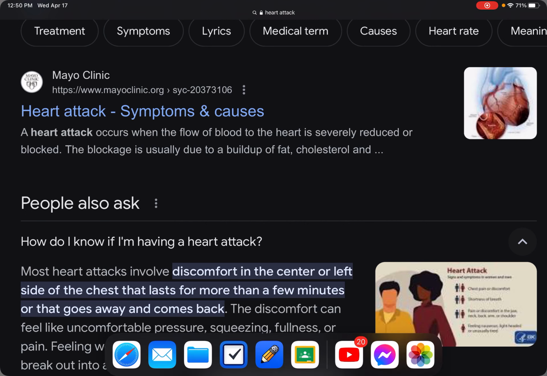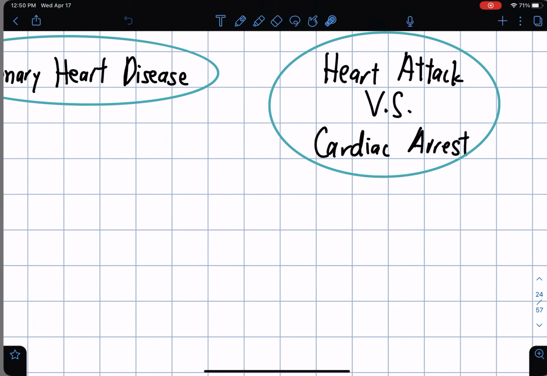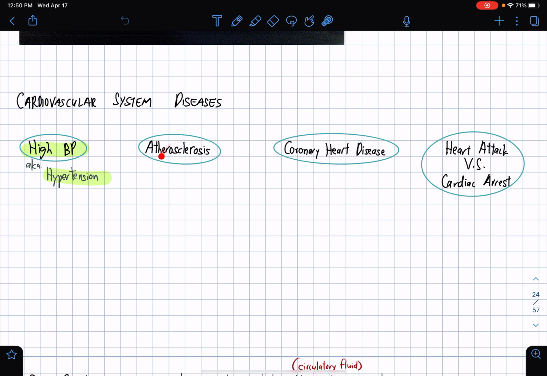So yes, buildup of fat, bad cholesterol. It's somehow related to atherosclerosis. Because of atherosclerosis, you can build up complications of having a high risk of heart attack.